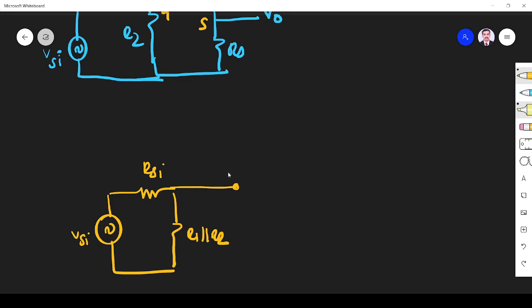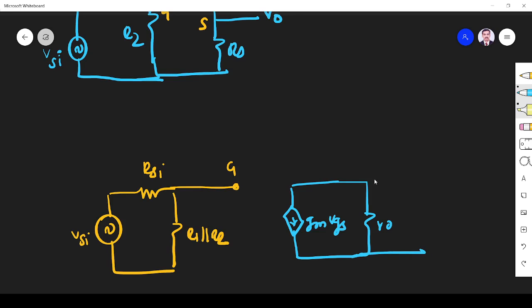Then we draw the small signal equivalent of the MOSFET: gm VGS, and if I include channel length modulation, rO comes into the picture.